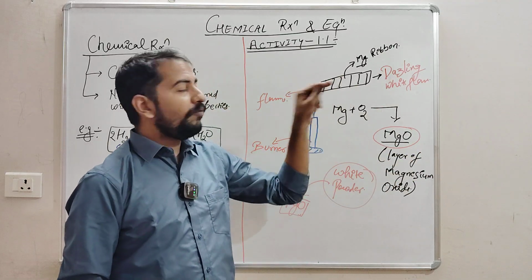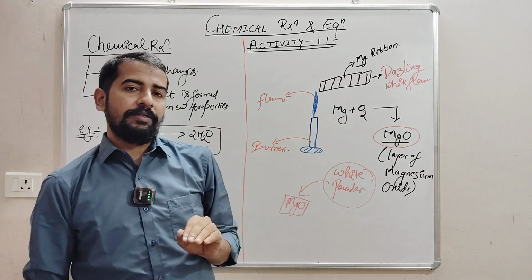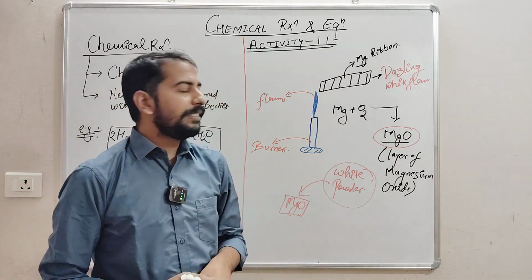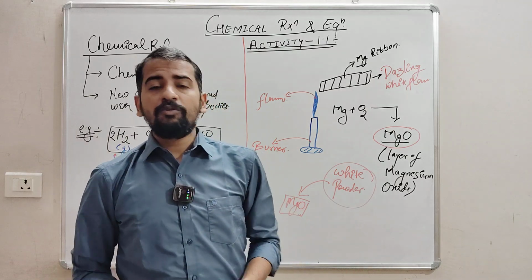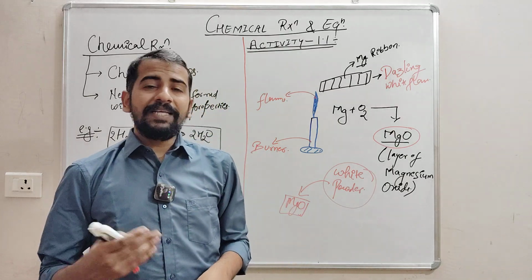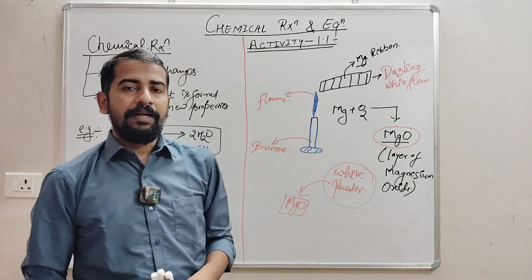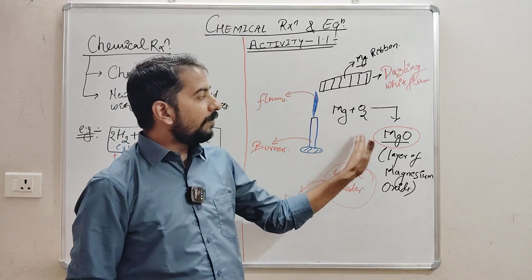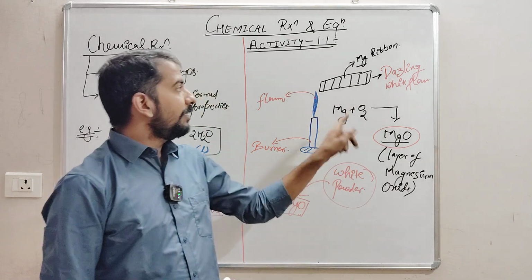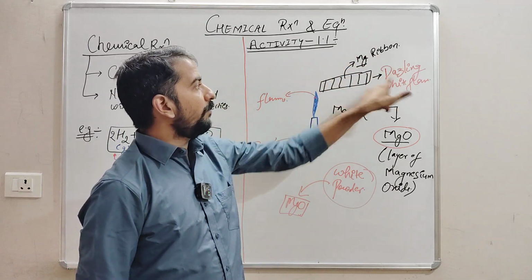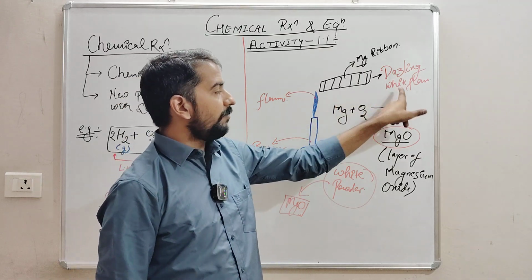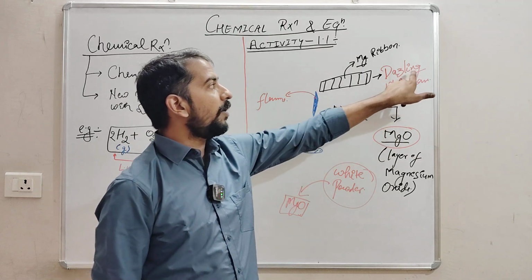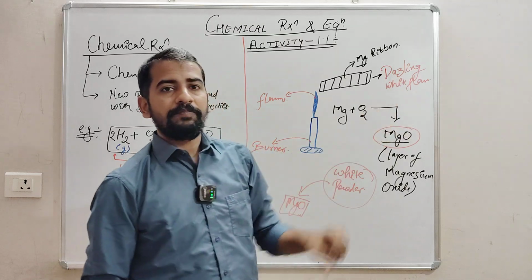If you do not remove this layer, it will take more oxygen to burn, and it is very tough to burn at that time. That's why first we remove the magnesium oxide, then we burn the magnesium. Then it will burn with a dazzling white flame.